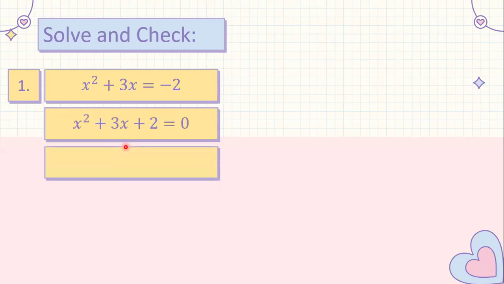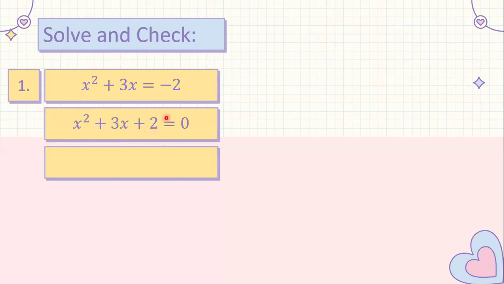Then after that, we are going to get the factors of this equation. First, what is the factor of the first term? Diba, we have x squared. Factors of that is x and x. Another, we have 2.